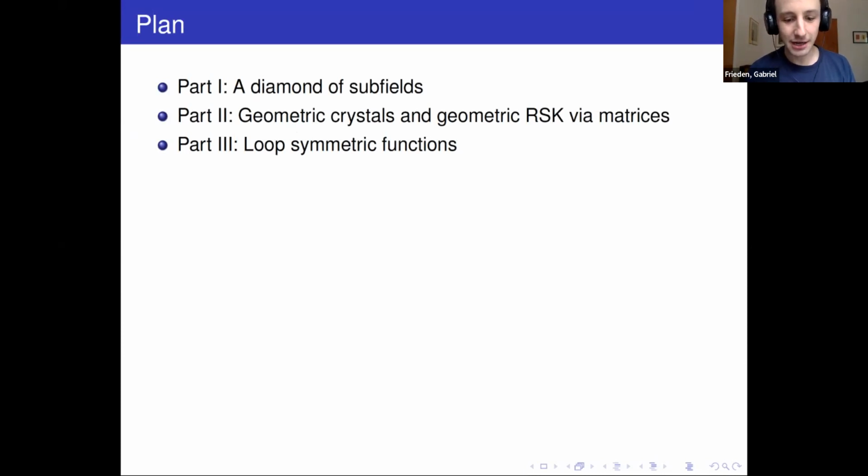And then finally, I'll talk about a generalization of symmetric functions that was introduced by Lam and Pylyavskyy that they call loop symmetric functions. And these are the setting in which the invariants of the geometric crystals and geometric R matrices live.